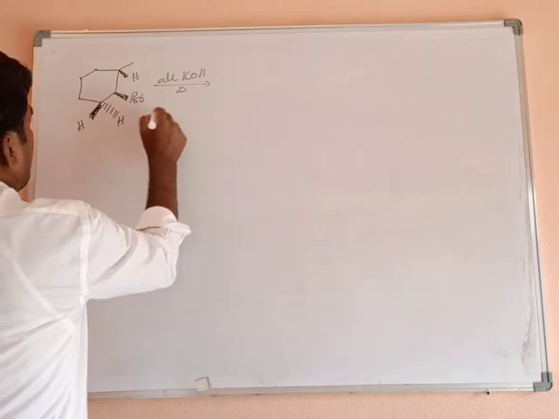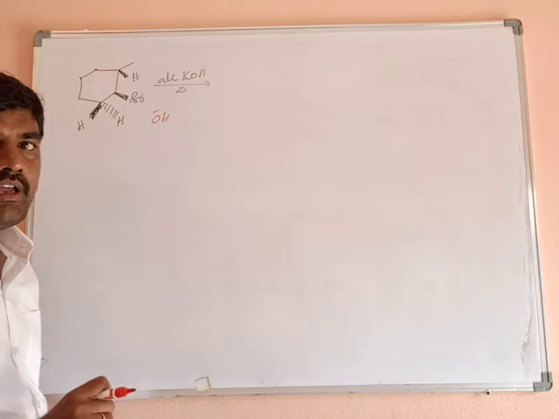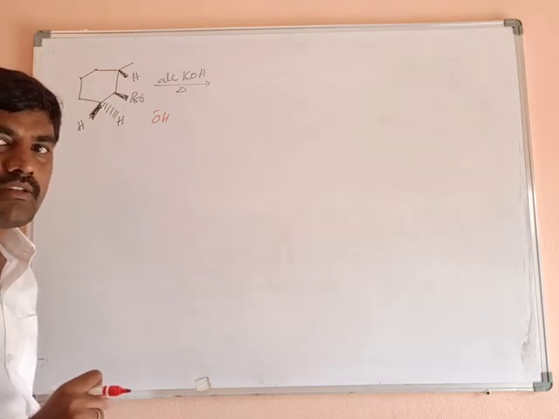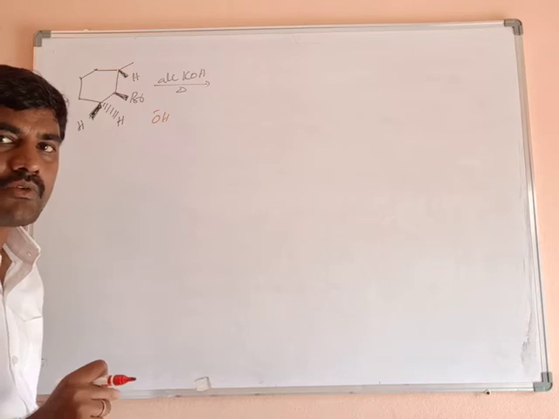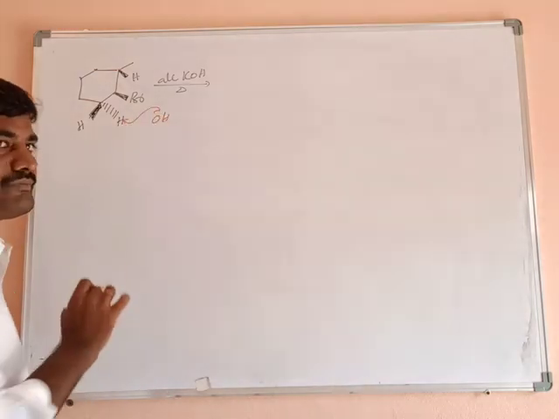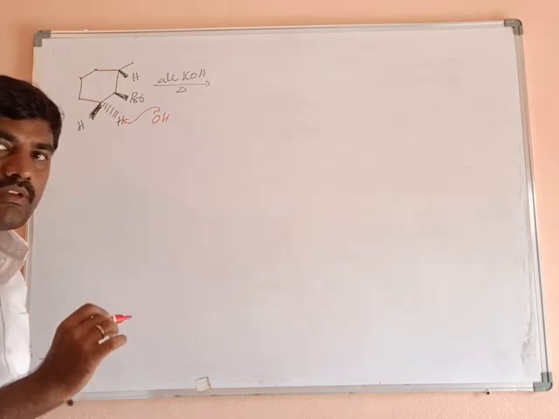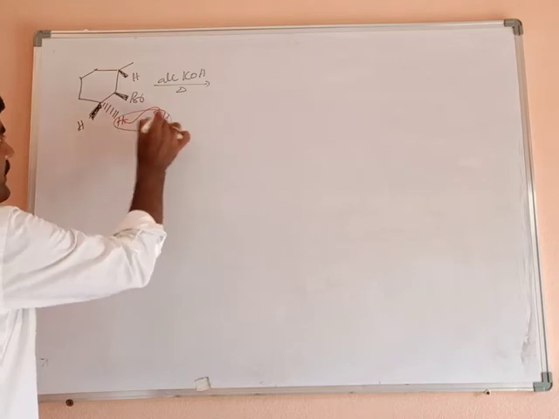The base OH minus is coming to attack this substrate. Which hydrogen is eliminated easily? It approaches this wedge bond hydrogen atom and captures it.